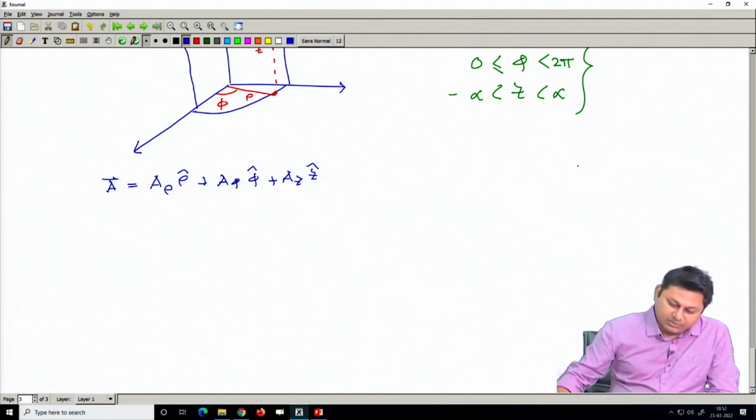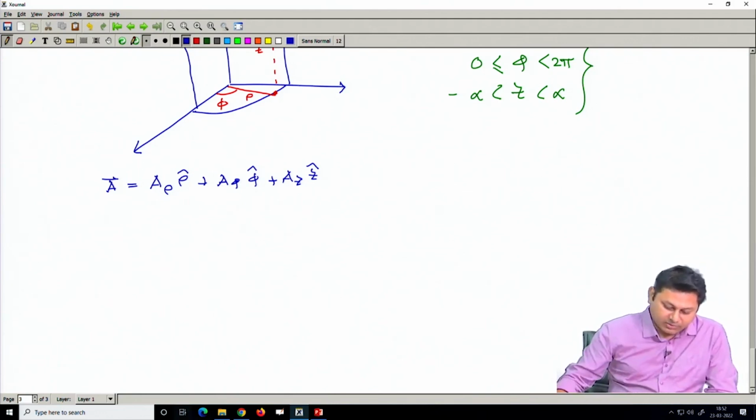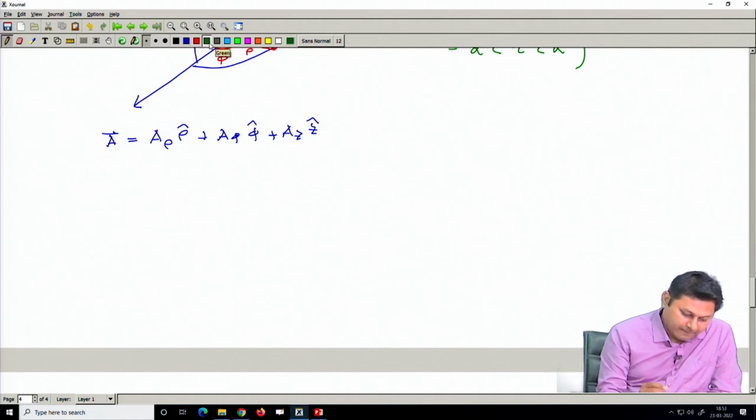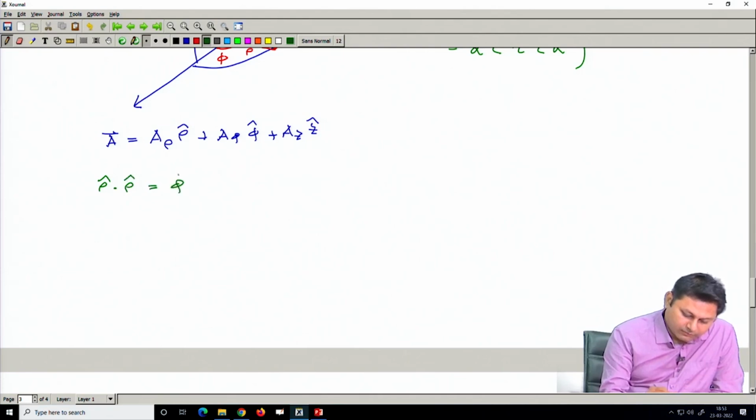Now what is the relationship between the unit vectors that we are having here? So let us quickly write the properties. Rho dot rho is equal to phi unit vector dot phi unit vector is equal to z unit vector dot z unit vector is equal to 1. Similarly, rho dot phi is equal to phi dot z, that is equal to z dot rho is 0.